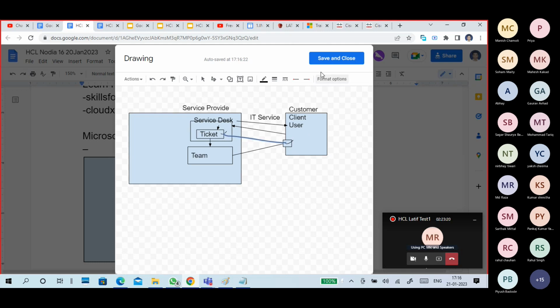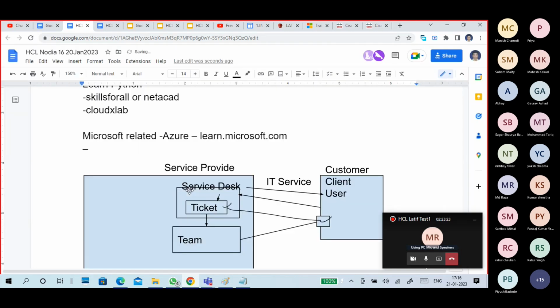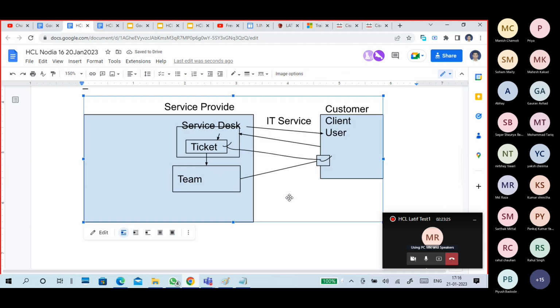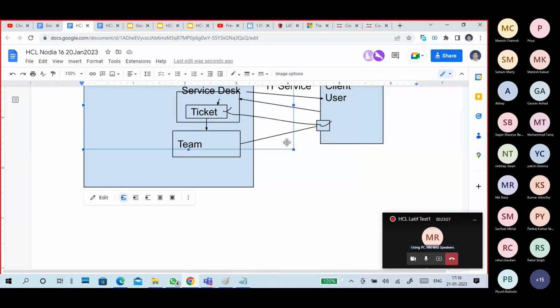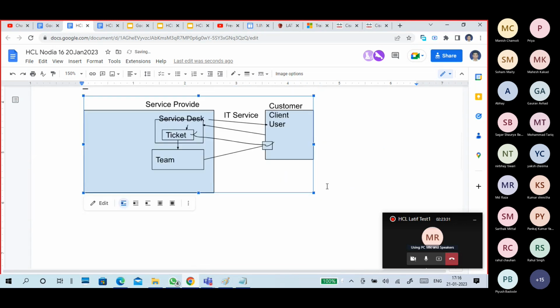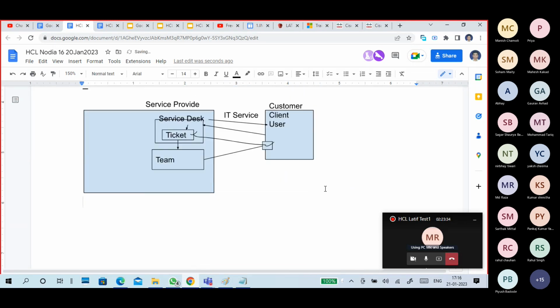But customer related, I will tell you guys a small story. Again, the service provider provides a service to the customers.